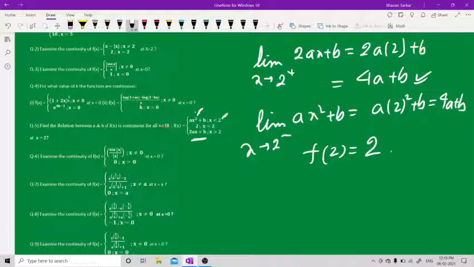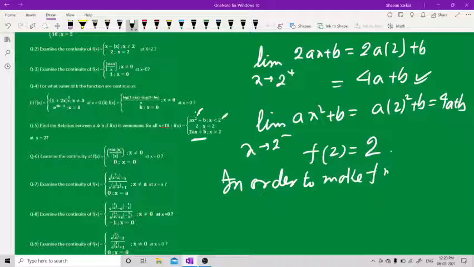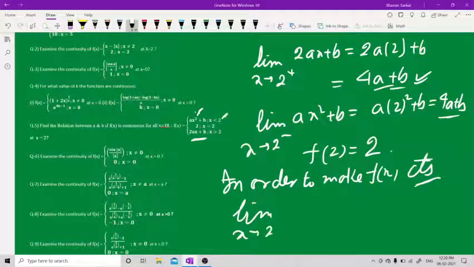Now they are asking me to find a relation when the function is continuous. In order to make f(x) continuous, the limit of both sides is the same, so limit x tending to 2 f(x) should be equal to f of 2.